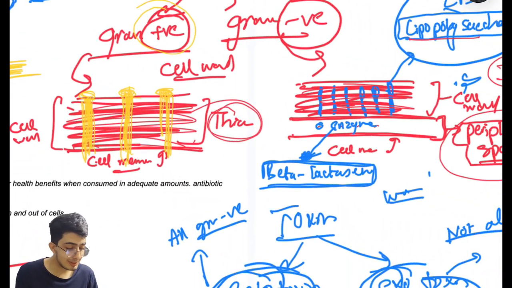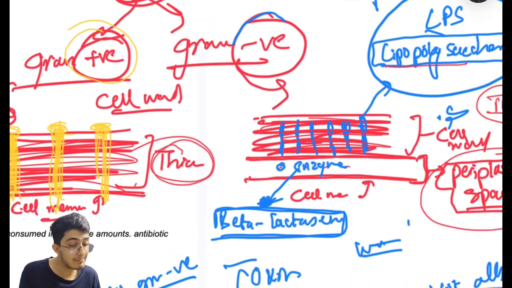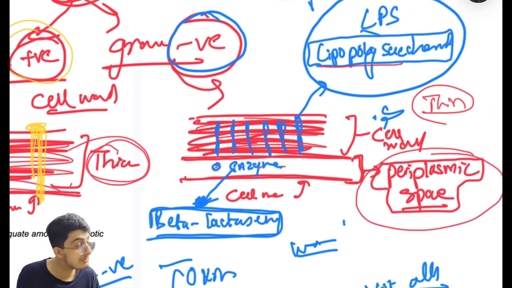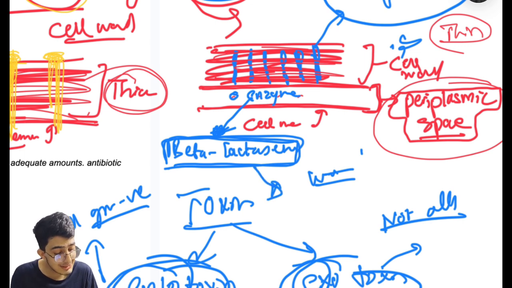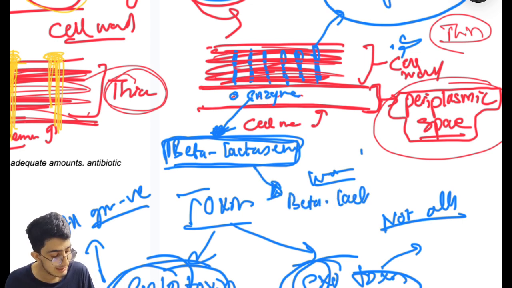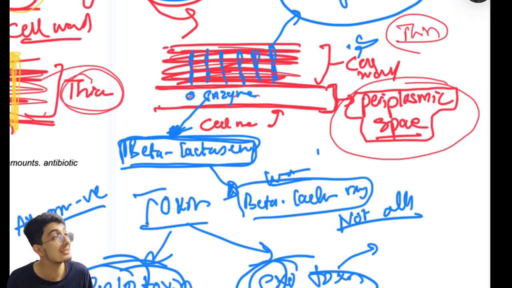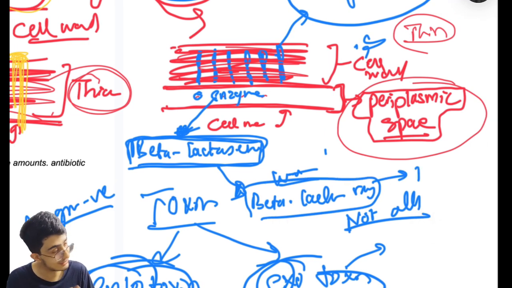Some of the bacteria, such as gram negative bacteria, contain a periplasmic space, and the periplasmic space contains an enzyme called beta lactamase. And this beta lactamase enzyme, as you guessed, destroys the beta lactam ring, which is present in antibiotics such as penicillin. Okay, all of it makes sense now.